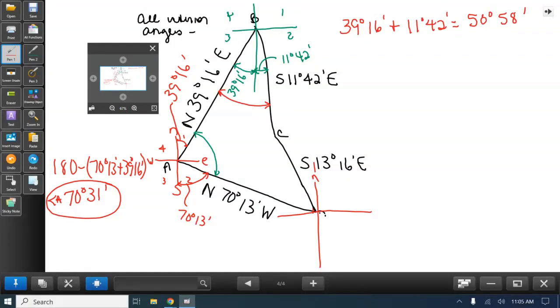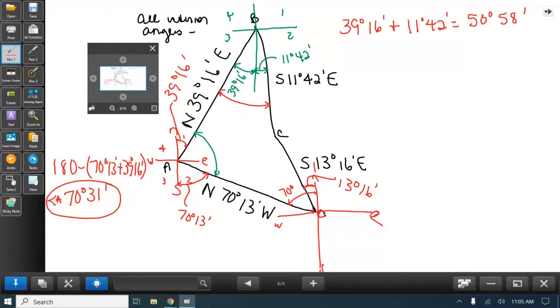Okay, these are north, south, east, west. That's in quadrant 4, so that's your 13 degrees, 16 minutes. D to A is also in quadrant 4.